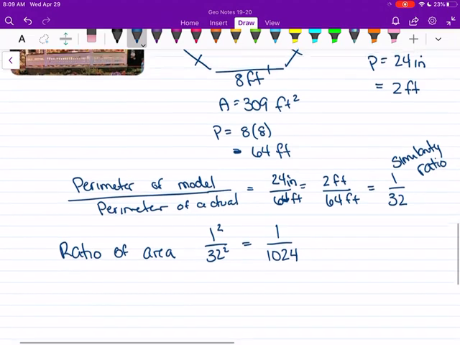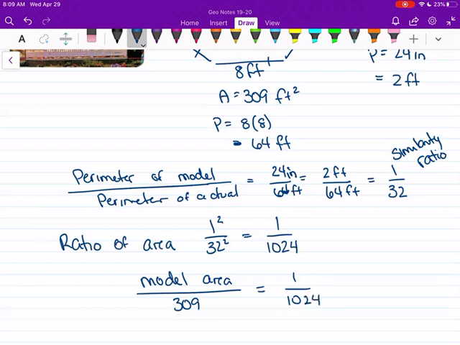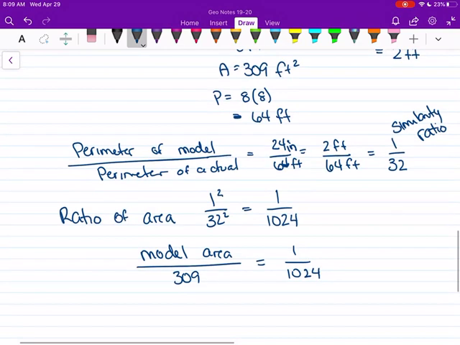So let's put it in. So if we have model area, which we don't know, okay, that's our X, model area, over my actual gazebo area, which we know is 309, that needs to be the same as 1 over 1,024. Okay, so if I replace model area with an X, I get 1,024x equals 1 times 309.